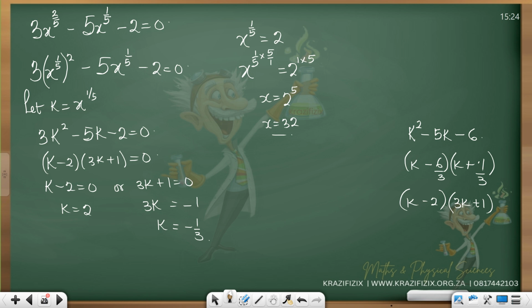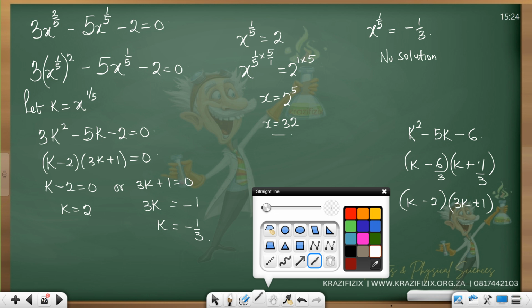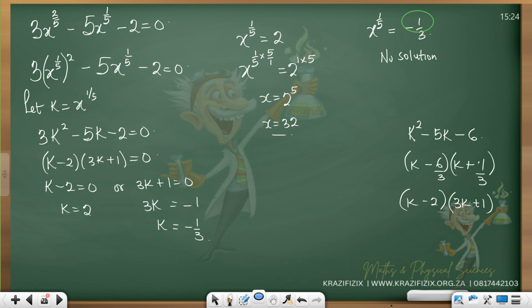What about the second solution? It equals negative 1 over 3. No solution. Do you know why again no solution? I gave you a note. This entire value must be positive.